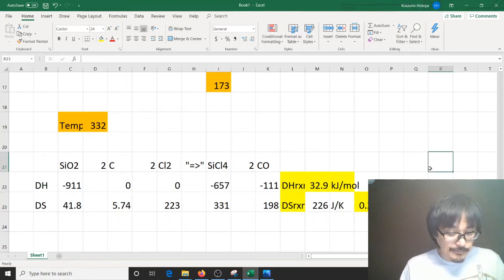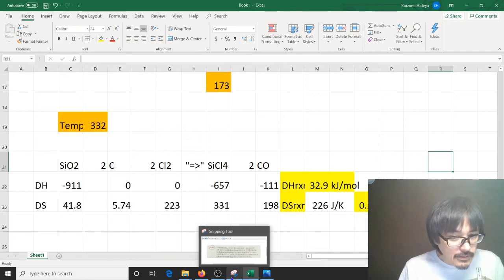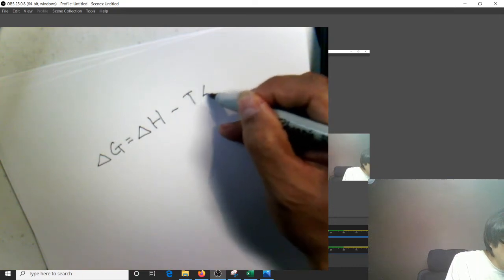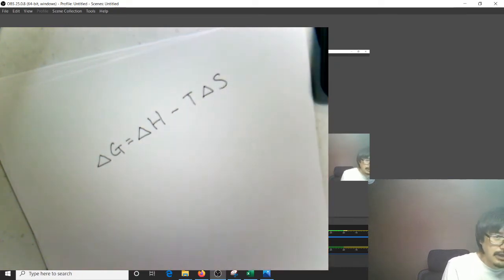Good. Now I'm going to put my note here. Delta G is always equal to delta H minus T delta S, right?